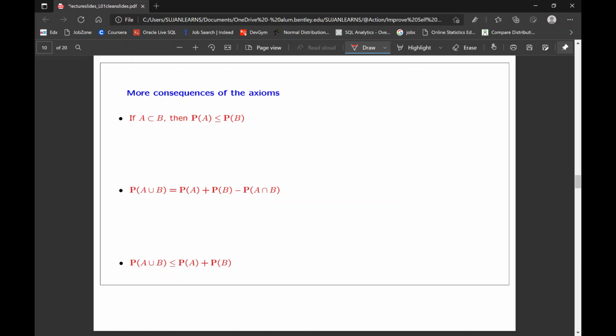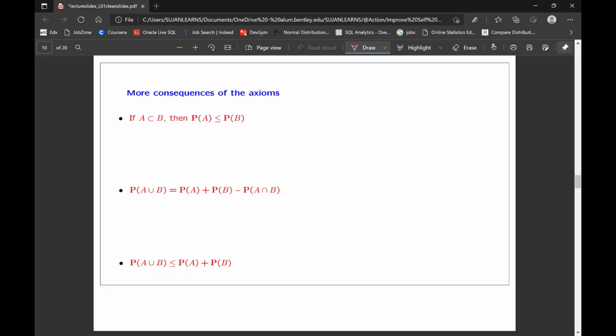Second, if A and B are two events which are not necessarily disjoint, then probability of A union B is equal to probability of A plus probability of B minus probability of A intersection B. Thirdly, this is called the union bound.